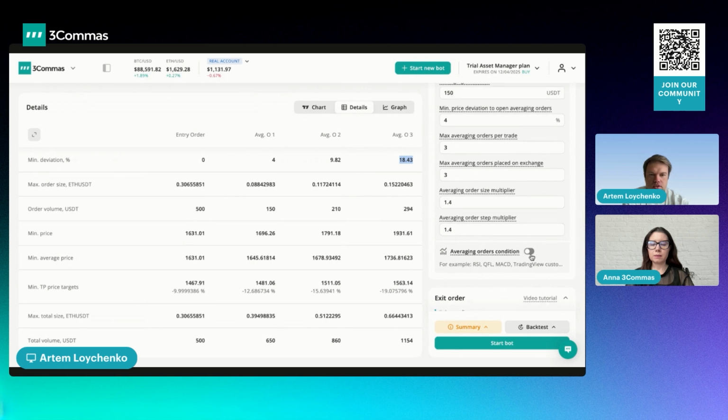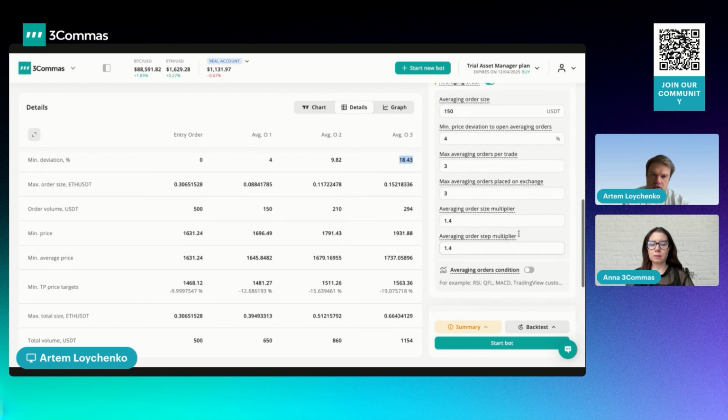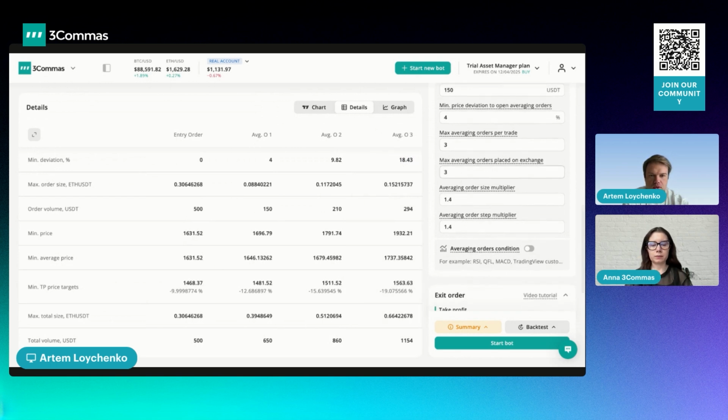I mean, without an averaging condition, because my idea here is that whenever I'm going short, I want the averaging to cover this 18%. I don't care about the signals. I just want to be sure that I will average while the position goes against me for 18%. And then we will do the same, but with conditions, and see how the results differ.